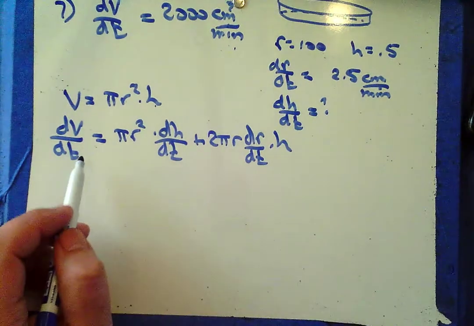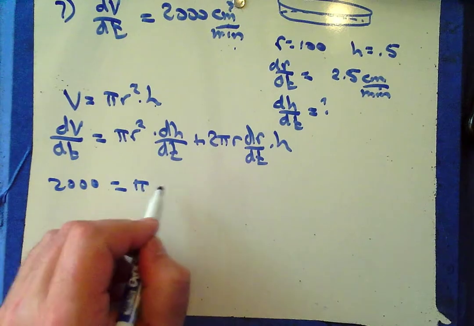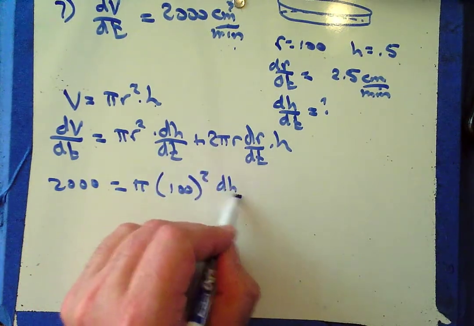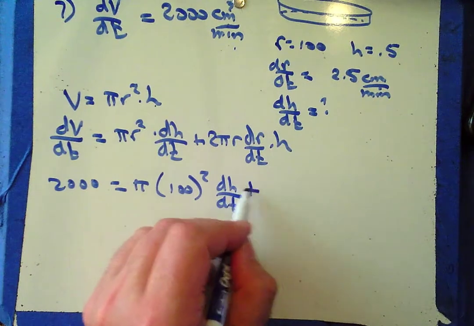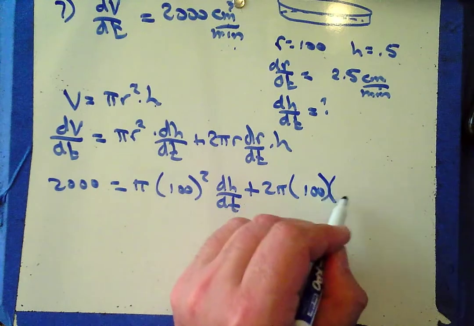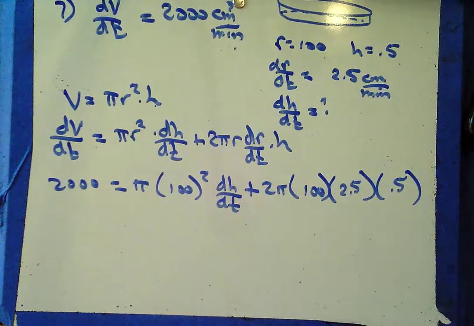And now we can plug in what we know. We know 2,000, we know pi, we know 100 squared. dh/dt is what we're looking for, plus 2 pi times 100 times 2.5 times 0.5.